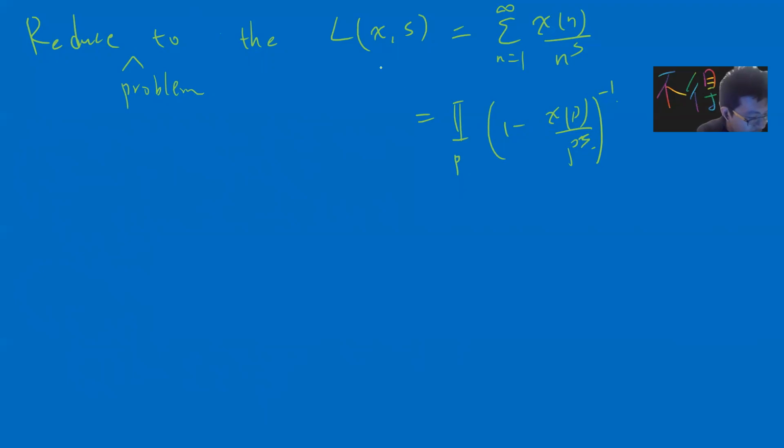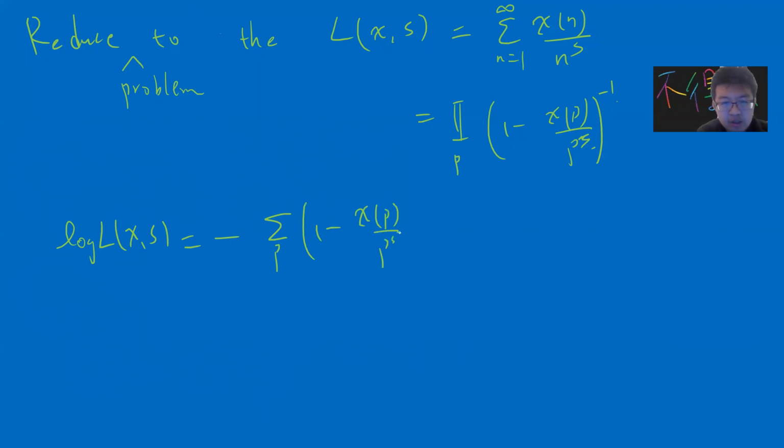So finally let's take the log of L_χ(s). A simple calculation: you get the sum of minus log of 1 minus χ(p) over p to the s. So this is the summation over p, summation over m from 1 to infinity, of χ(p) to the m over p to the ms times 1 over m.